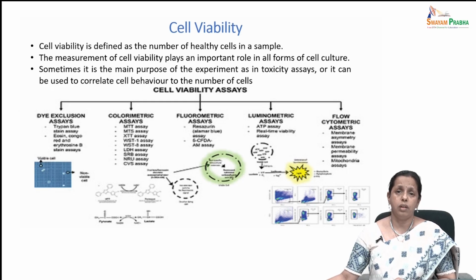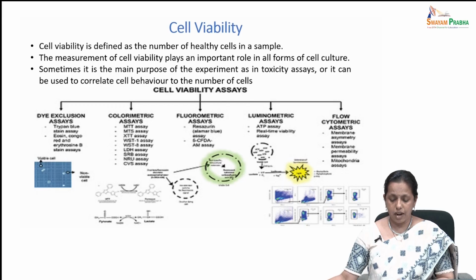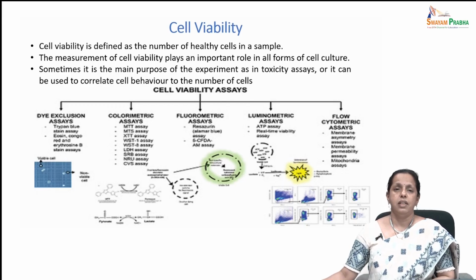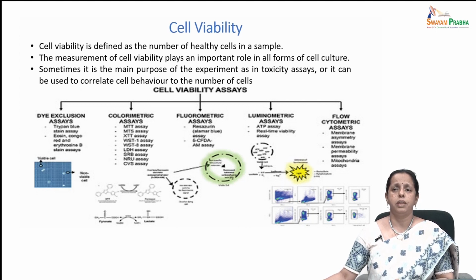So the more the MTT reduction happens, the more viable cells are present. We have another fluorometric assay, and then luminometric assays for determining viability. Even flow cytometric analyses, such as membrane permeability and annexin V binding assays, are very important to determine the viability of cells.